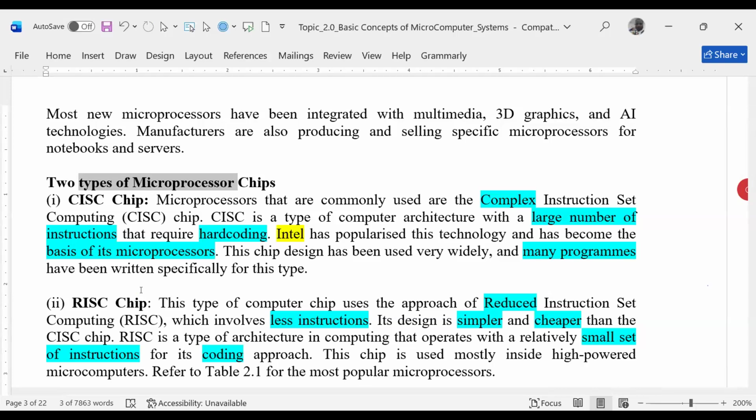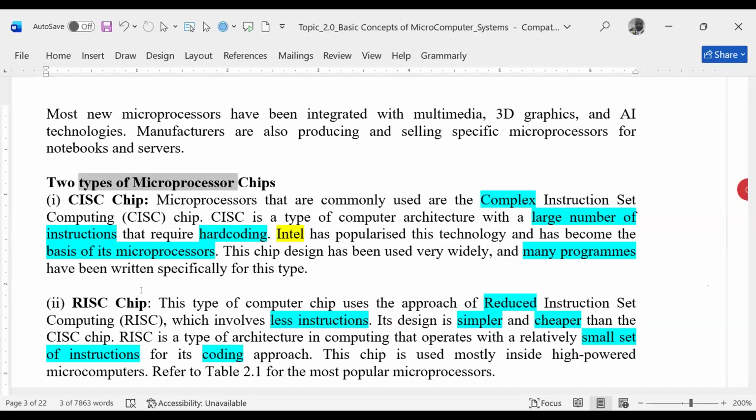The CISC, complex instruction set computing, is a type of computer architecture, and this involves a large number of instructions before something is executed, and is normally classified as hard coding. So CISC involves a large number of instructions before something can be executed.